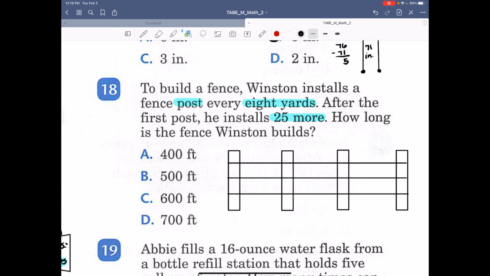So what they're telling me is that these lines between the posts are 8 yards long. So this one's 8 yards, this one's 8 yards, and this is going to go on 25 times. So 25 times 8 yards would give me my answer.